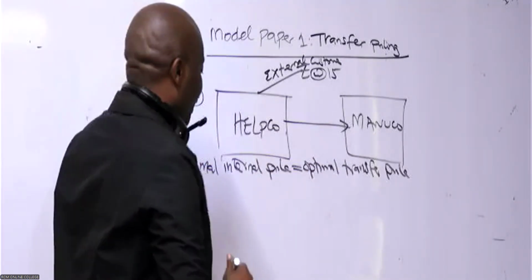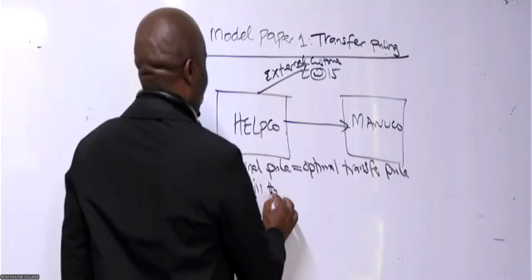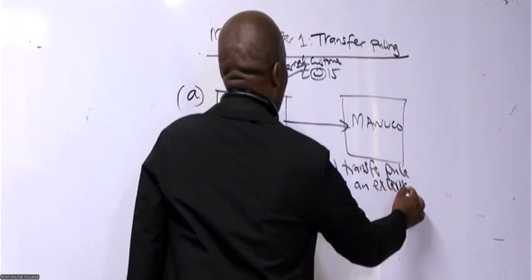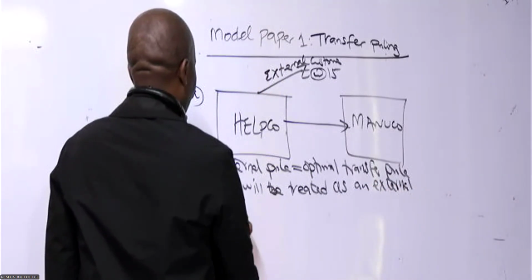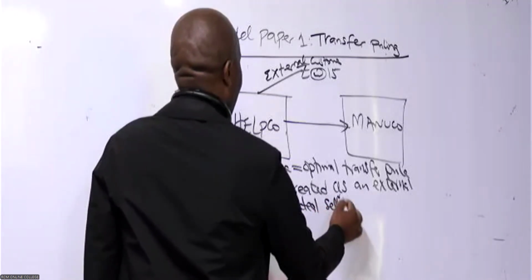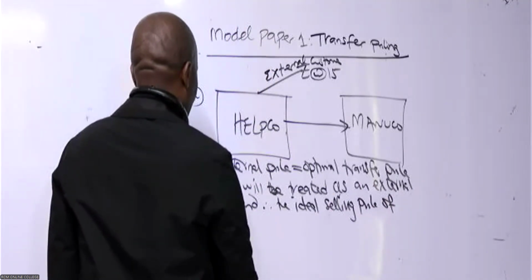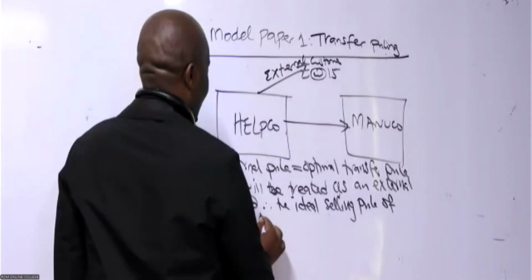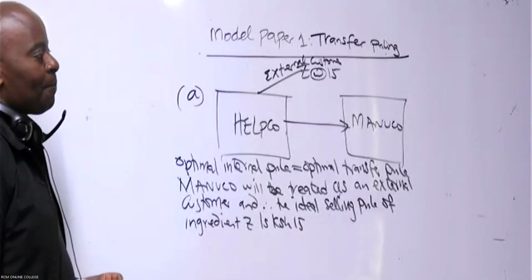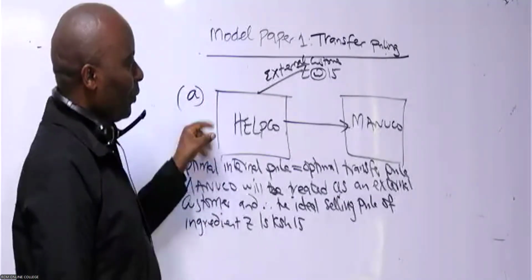So in this case, we are saying that Manuko will be treated as an external customer, and therefore the ideal selling price of ingredient Z is Kenya shillings 15.